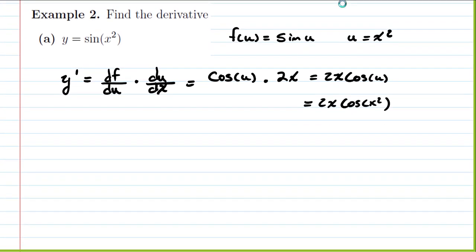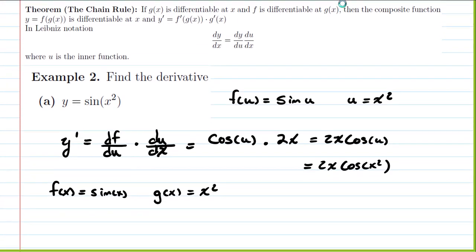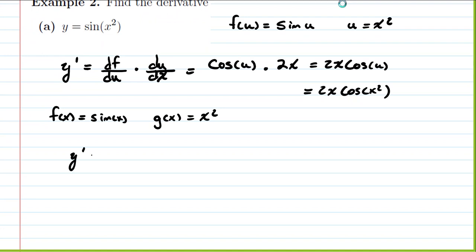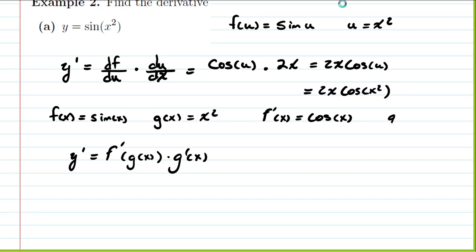Using the other notation, if we have f of x equals sine x, and we have g of x equals x squared, our other notation says y prime is equal to the derivative of the outside evaluated at the inside times the derivative of the inside. So f prime, the derivative of sine, is still cosine. And the derivative of g is going to be 2x.